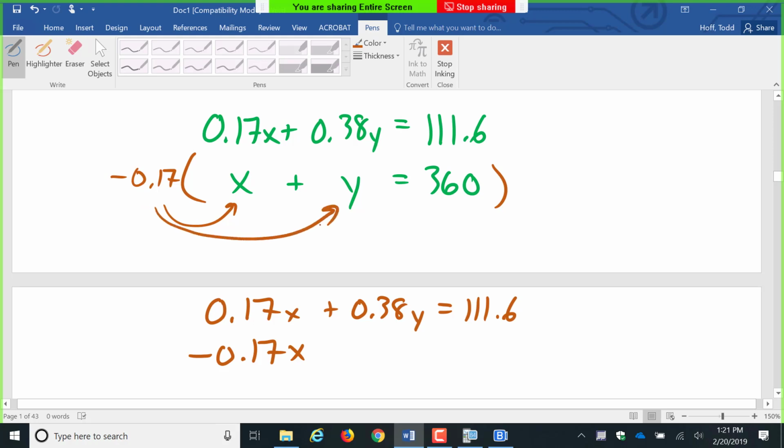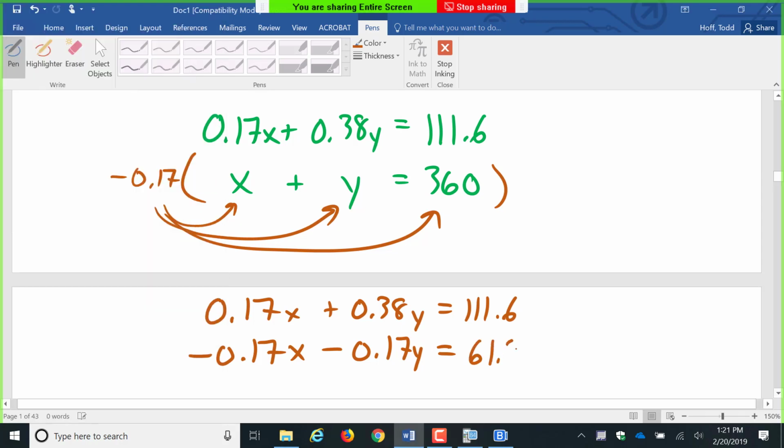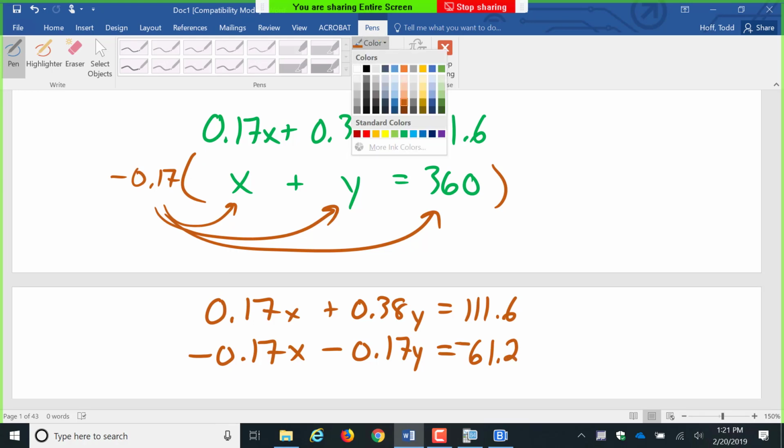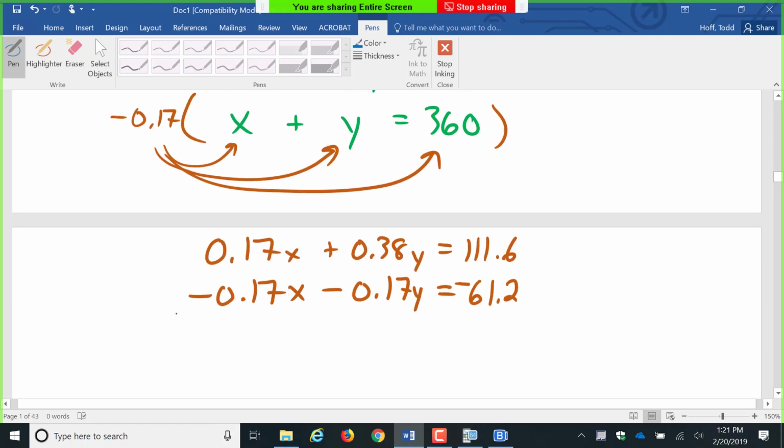Negative 0.17 times y is negative 0.17y. Negative 0.17 times 360 is negative 61.2. Now I can do the addition. First of all, any questions as to where those equations came from?